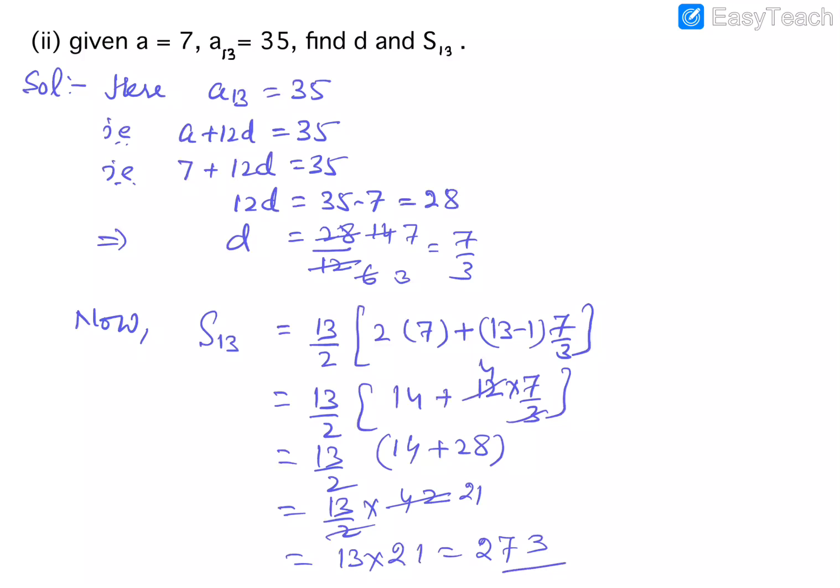So in this way we get the sum of its 13 terms as 273.